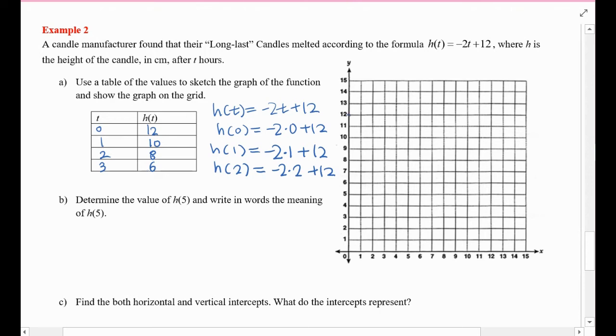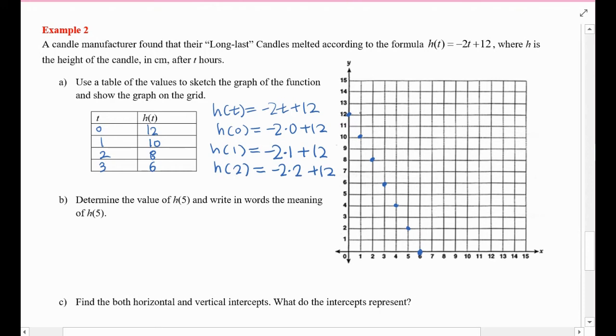0, 12; 1, 10; 2, 8; 3, 6. It keeps going on and on. And everyone, can you find a point in between 2 points?